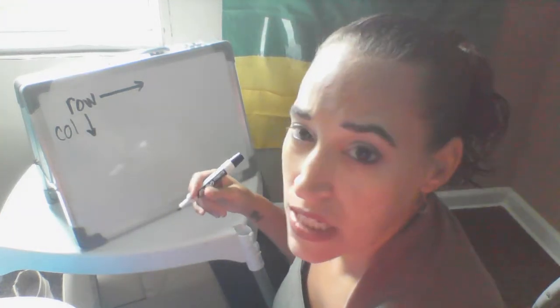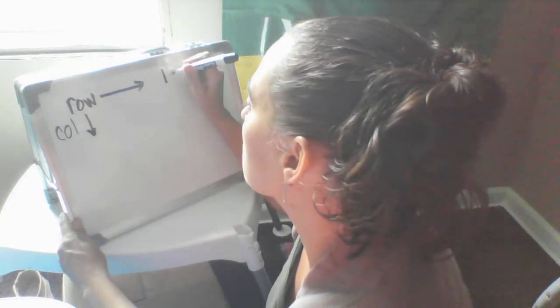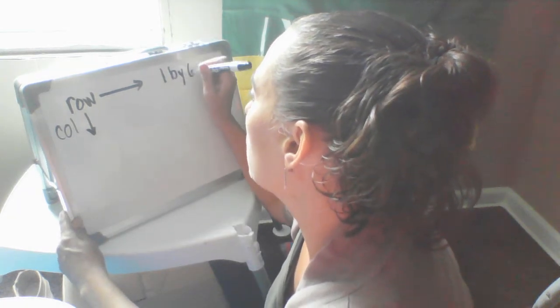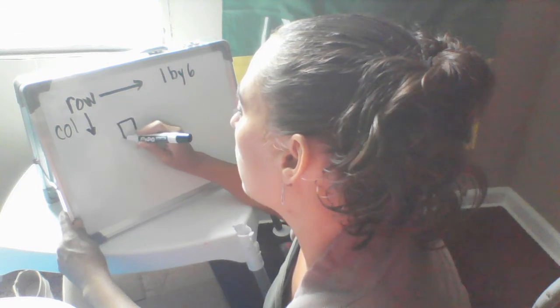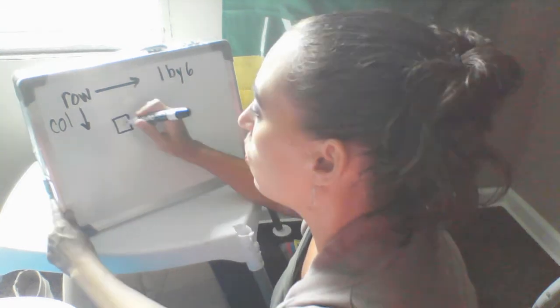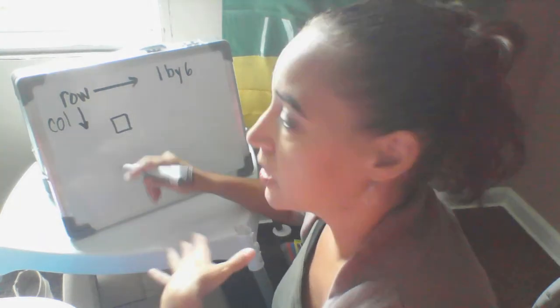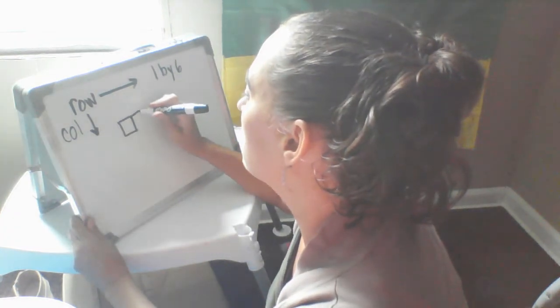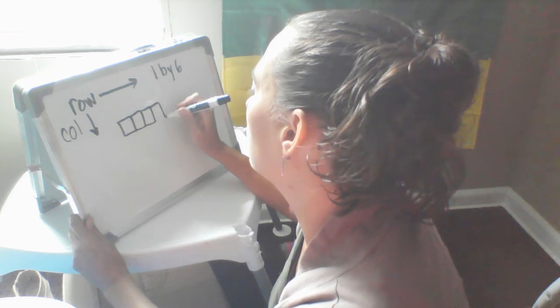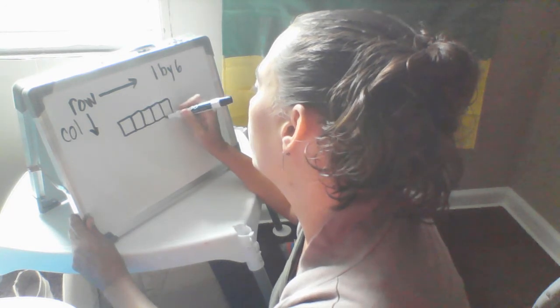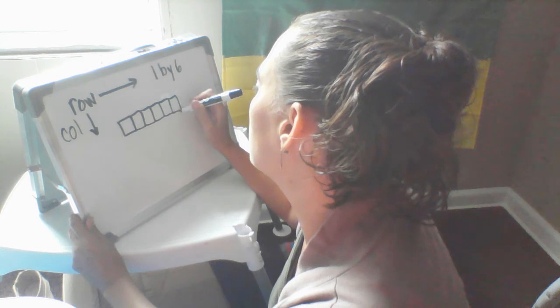So when I say a 1 by 6, what I'm referring to is, here's my 1. So 1 for the column, but by 6 for a row. So 1, 2, 3, 4, 5, 6.